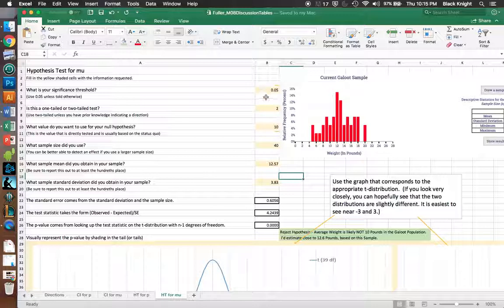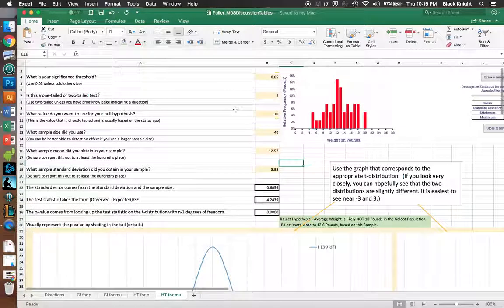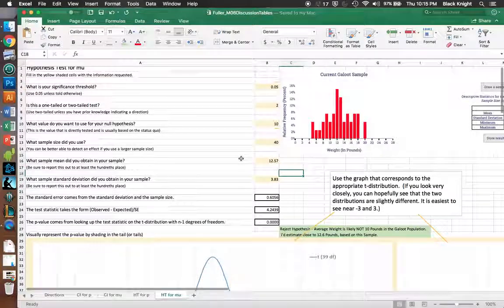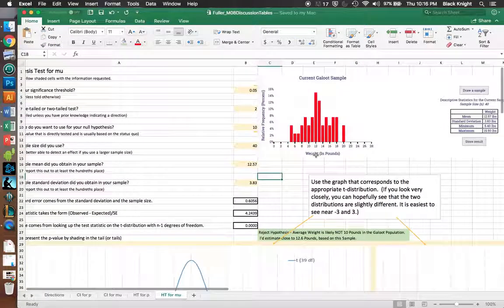Here again, we're using a significance threshold of 5%, and we're going two-tailed again because it wasn't specified that we were looking above or below that predicted value for weight. So our null hypothesis was they were going to weigh an average of about 10 pounds, and my sample size again was 40. 12.57 pounds was the sample mean, and 3.83 was the standard deviation of the sample weight.